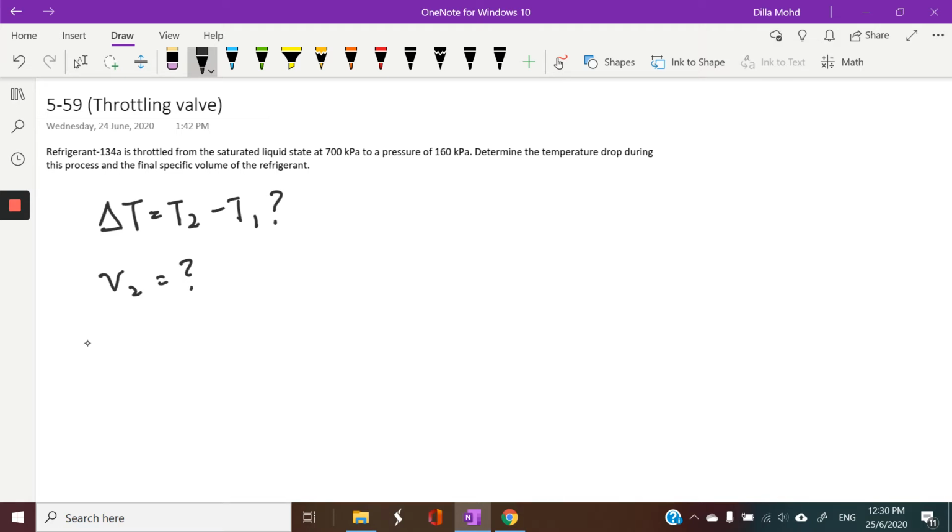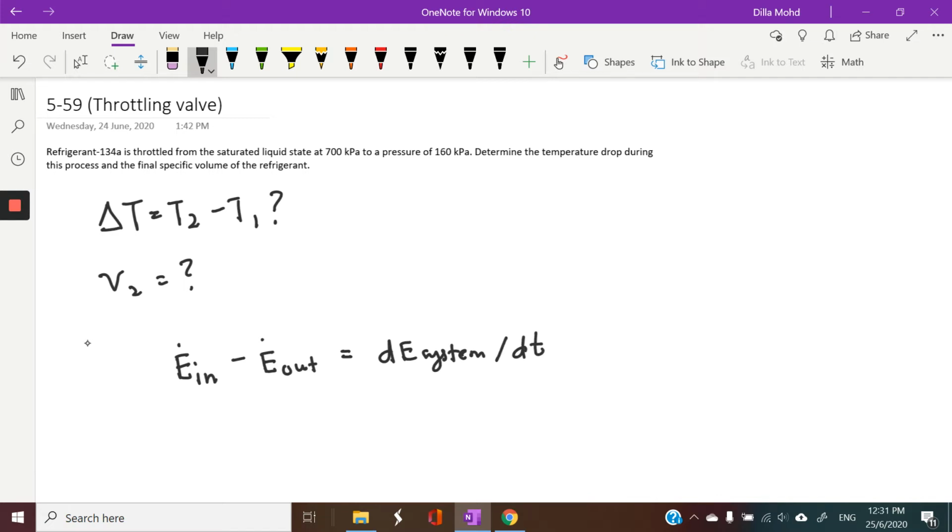First, let's look at the conservation of energy, which is the first law of thermodynamics for a throttling valve. We have the rate of energy coming into your system minus the rate of energy transfer out of your system should be equal to the rate of change in the energy, which involves internal energy, kinetic energy, and potential energy.